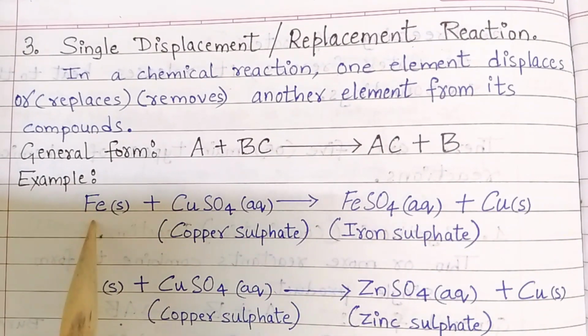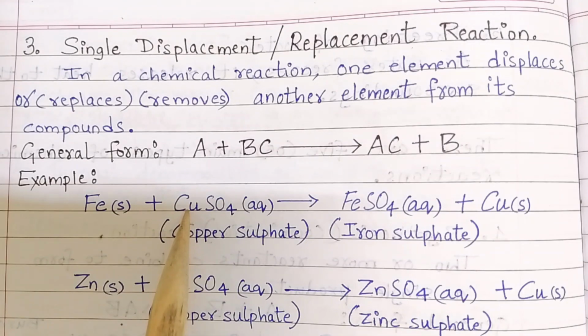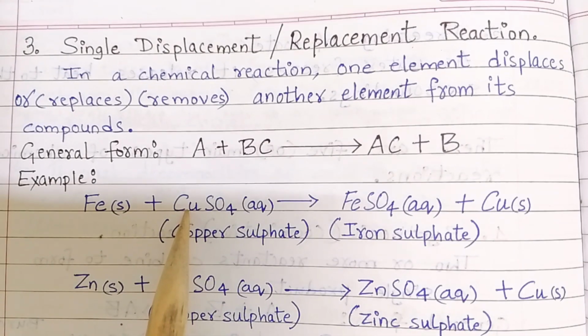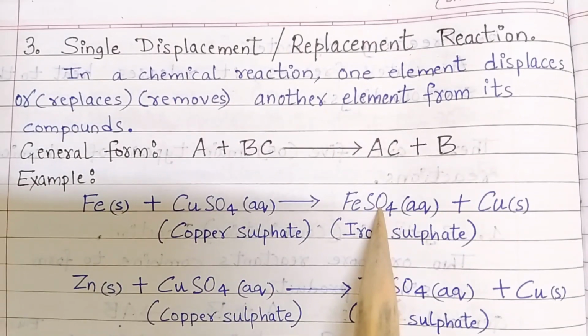So here iron, an element, replaces the copper element, so we get iron sulfate.